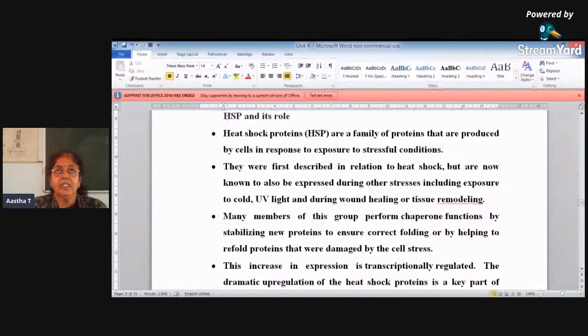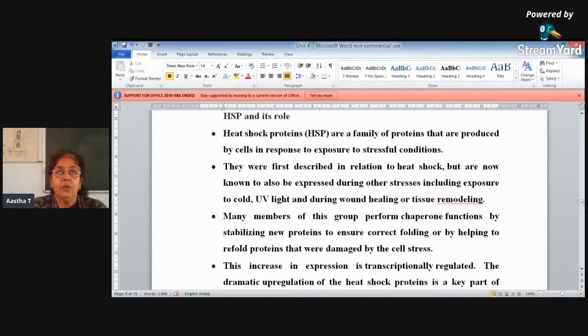They were first described in response to heat shock, so they were given the name HSP, but that doesn't mean that these proteins are present only in thermophilic organisms or organisms exposed to high temperature. They may be produced by organisms exposed to cold, to ultraviolet light, or they may also be activated when the organism is damaged and it is undergoing repair mechanisms. तर त्यावेळी सुद्धा हे HSPs ॲक्टिवेट होत असतात.